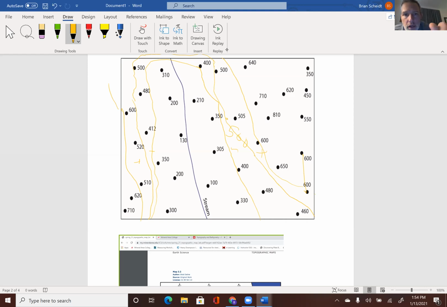My 300 contour line would be something like this. My 200 contour line, my 700-foot contour line.